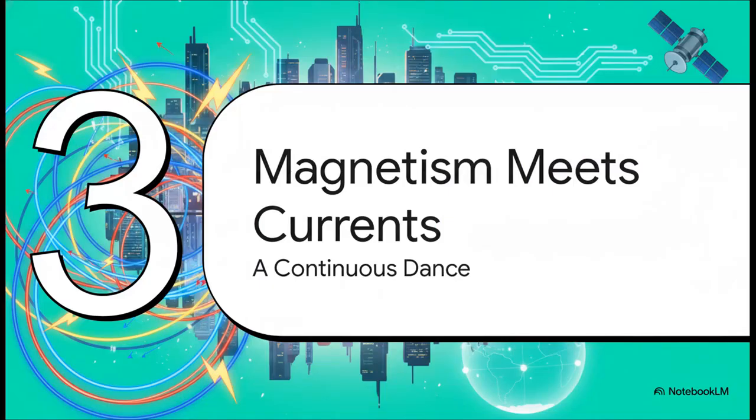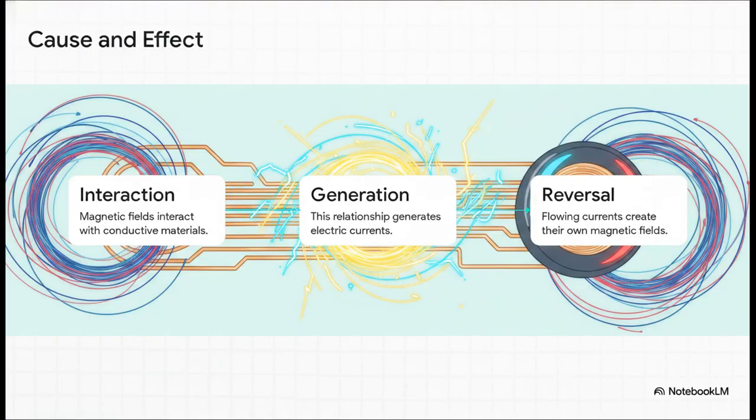All right, Section 3, magnetism meets electric currents. Now that we've seen how domains work at the micro level, it's time to zoom back out and see how this builds into an absolutely wild cause and effect relationship. Step 1, you take those structured magnetic fields we just talked about and introduce them to something conductive, like copper wire. They interact.